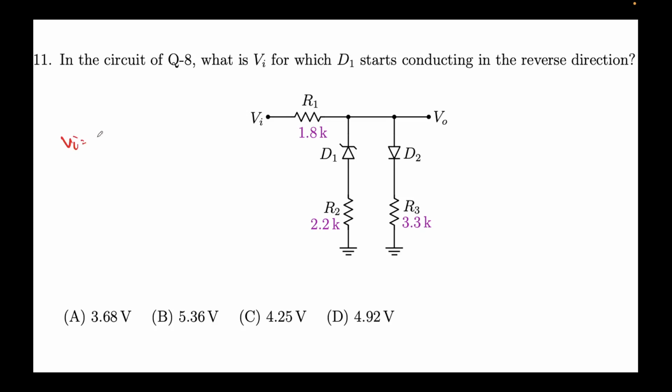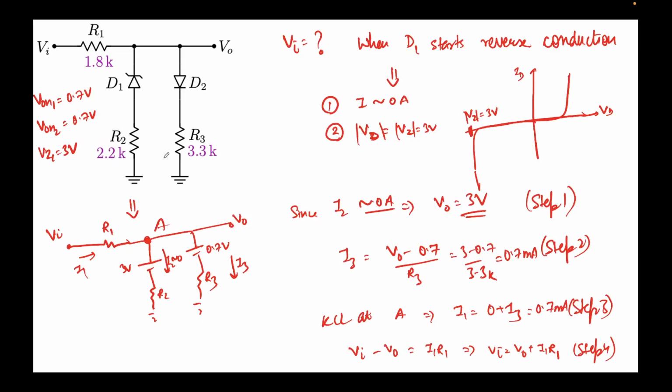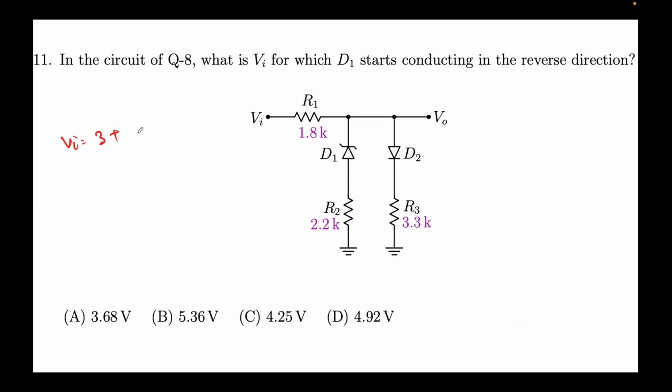So Vi, the value of V0 we obtained was 3, plus I1 was 0.7 milliamps times 1.8 K. So 1.8 times 0.7 is 1.26. The answer should be 4.26 volts, 4.25 volts.